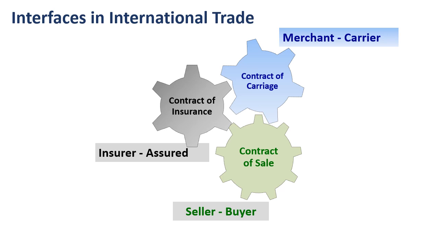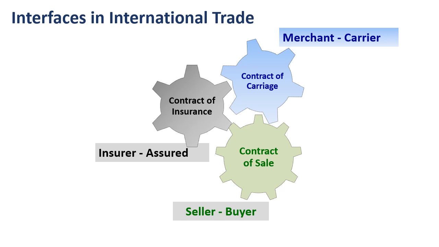The third one is with respect to the contract of insurance. Though we don't obviously or always call it a contract, it is a contract which exists between the person who is insuring the cargo on behalf of the party who wants the risk to be mitigated, and the assured.